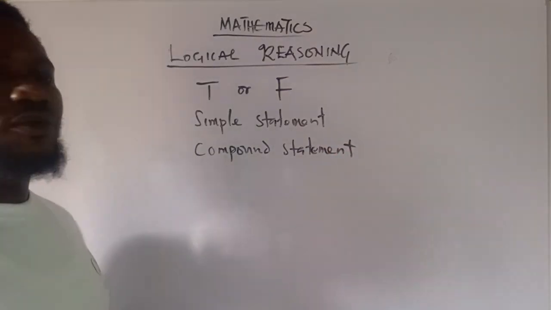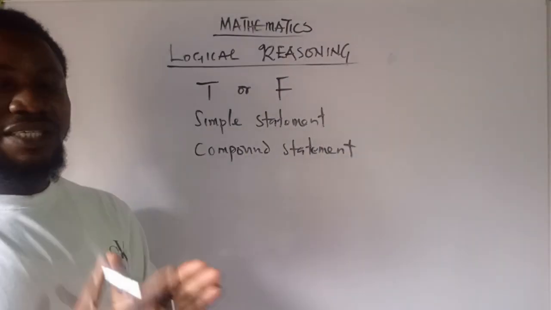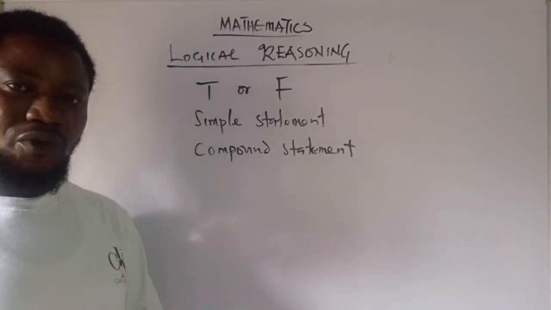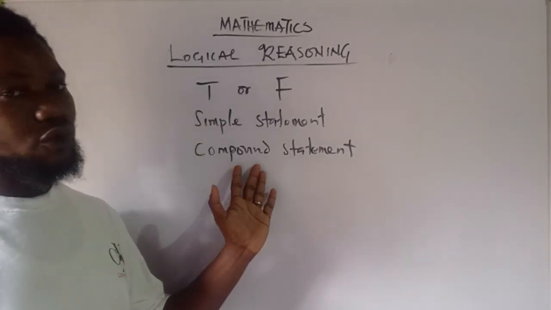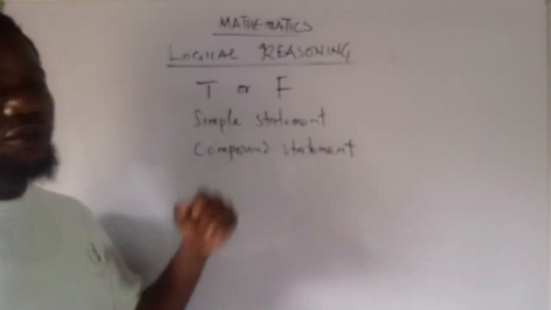Now, what is a simple statement? A simple statement is a statement that cannot be separated into sub-statements. So any statement that cannot be separated into sub-statements is called a simple statement.